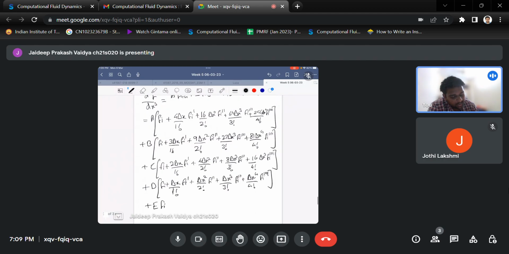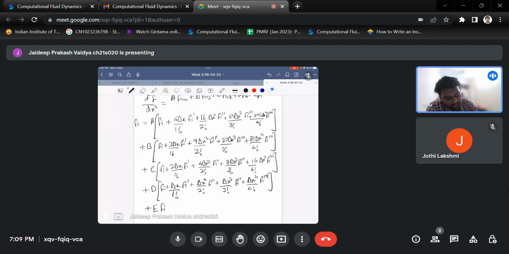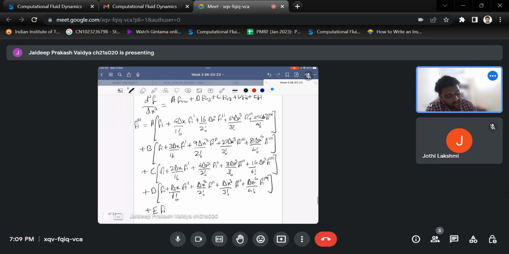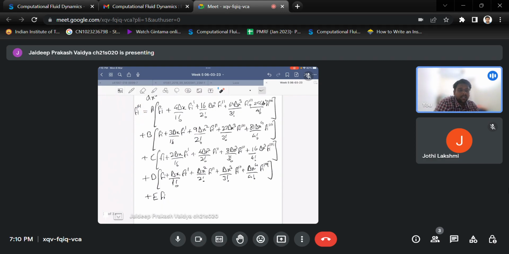Now on the left side we know that it is fi triple dash. Since d cube f by dx cube is given, we have to find fi triple dash. Now we evaluate the coefficients with respect to the function value on the left side.